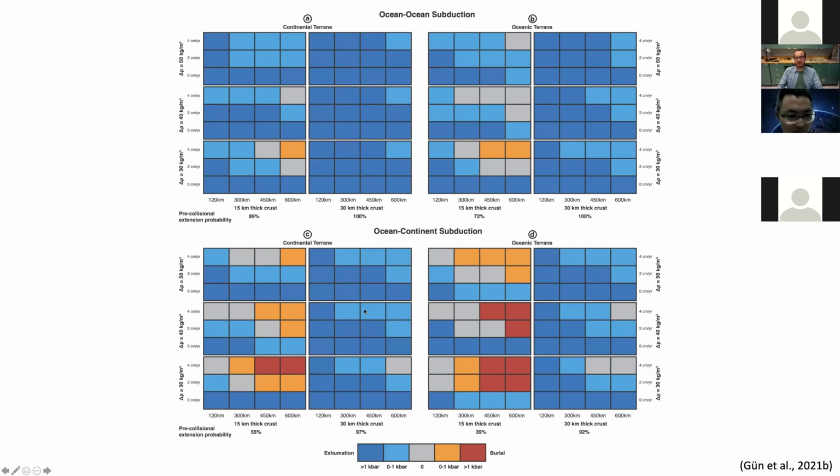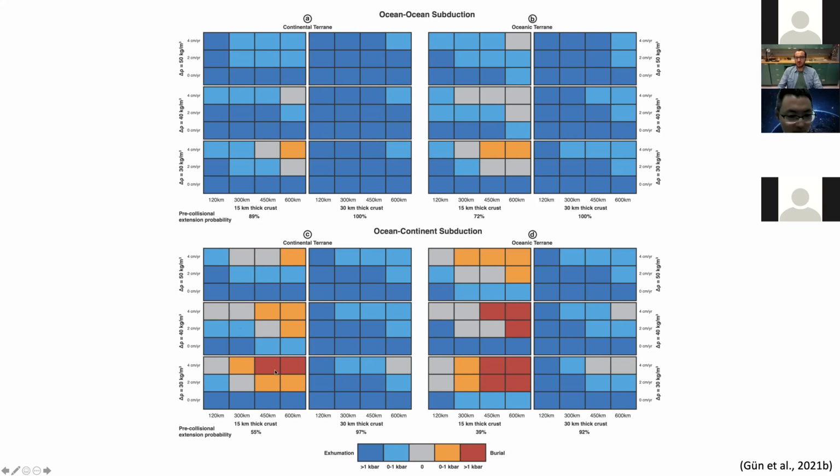So it tells us that the crust thickness, or the amount of crust, is controlling the bulk strength of the terrains. Because if we test 15-kilometer thick crust terrains, let's say here and here, we start to see some shortening, contractional or burial cases.